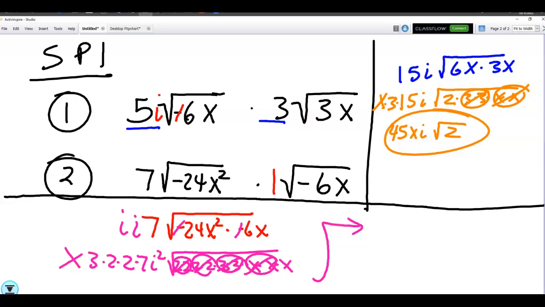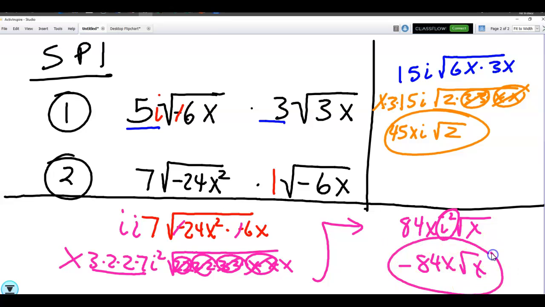I've got all these numbers multiplied together makes 84x, and then we have i squared, and then x. And the i squared, what does that equal? Negative 1. If you multiply anything by negative 1, it just becomes negative, and there you go. That would be your final answer on number 2.